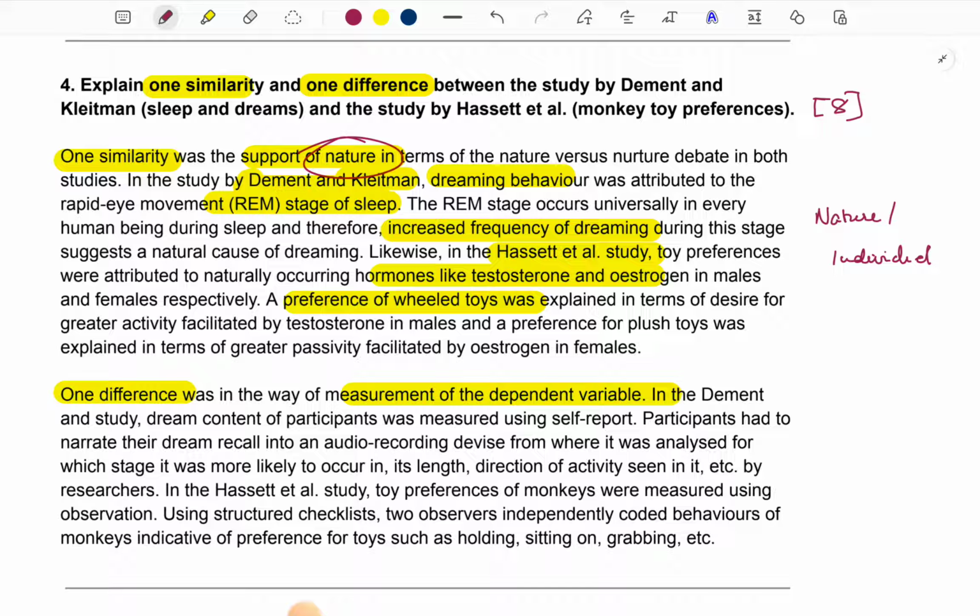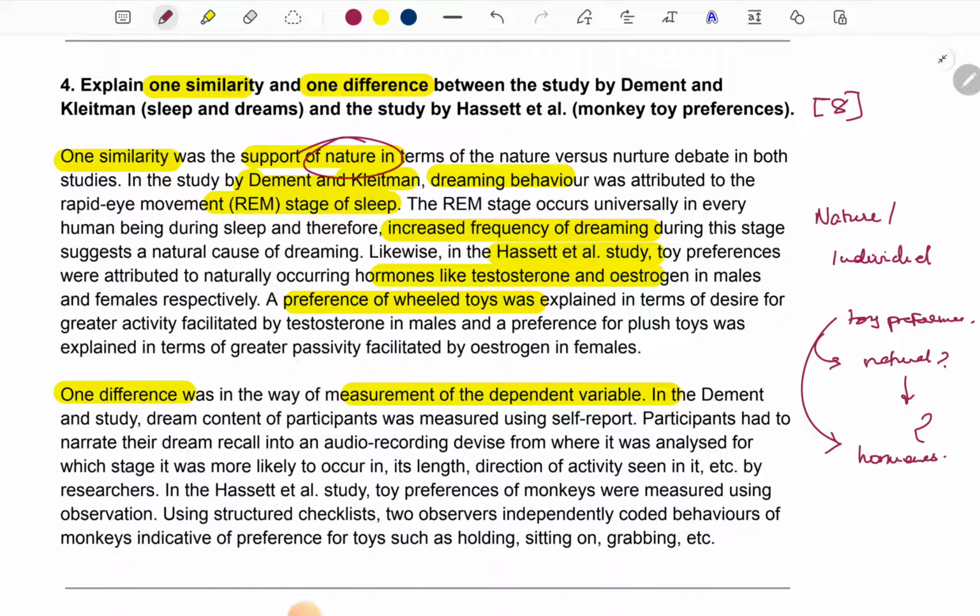So in a study, when you say in Hassett et al., toy preference is the behavior, you begin thinking from there. What's the behavior in the study? Toy preference. To what natural factor? Or if it was nurture, to what learning factor? If it was individual, to what personal factor? And if it was situational, to what environmental factor has this been attributed, or has this been explained in terms of? That is how you have to think. Then there will be clarity. So it has been attributed to hormones.